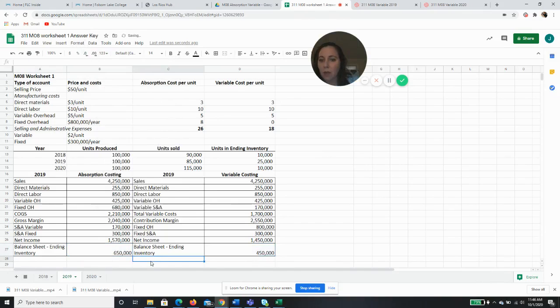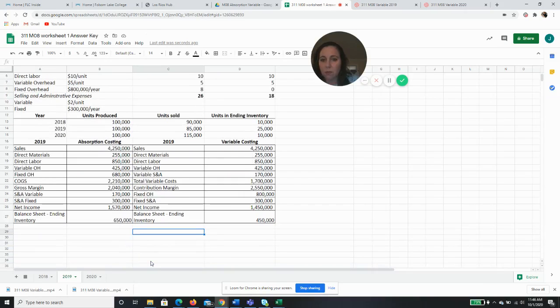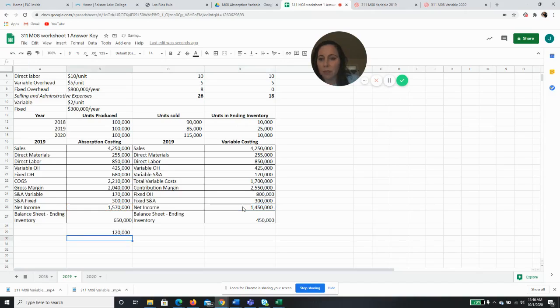Now we had net income in absorption of 1,570,000 minus net income under variable of 1,450,000. So it's a difference of 120,000.